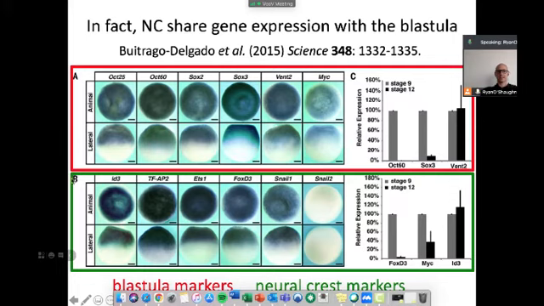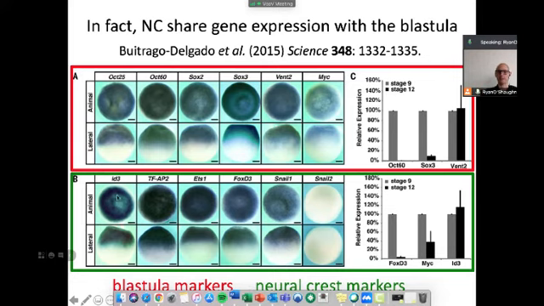And so you can see here in these blastula stage embryos that not only are bona fide blastula markers expressed, but also neural crest markers expressed very early on during the development of this embryo.